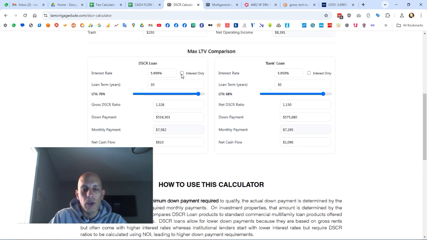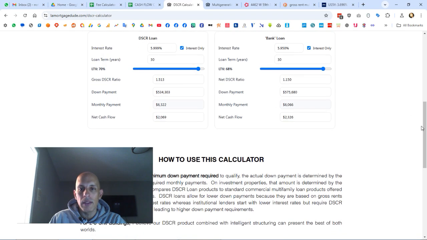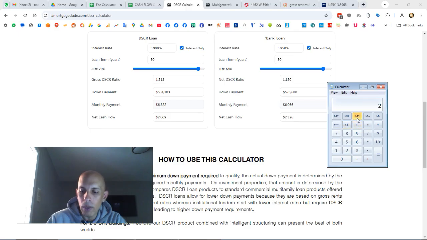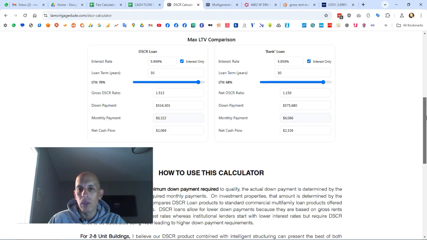And we can go interest only with the DSCR loan, as well as on the agency loan, in which case you are now still doing about a difference of 200 something dollars. So let's see here, 2326 minus 2069, $257 roughly.